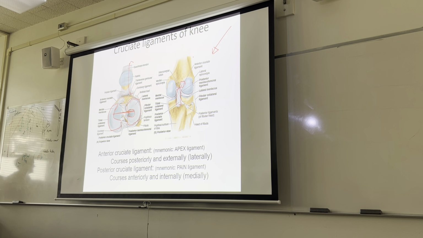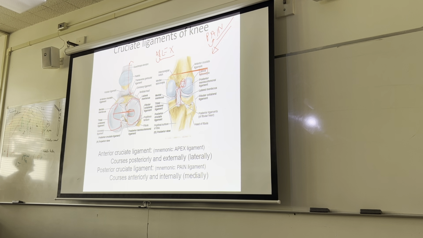Just to remind you again, the anterior cruciate ligament starts in the front, goes to the back, A to P, and as it goes to the back, it goes external, it goes lateral. So here you can see it lateral. And the posterior cruciate ligament goes from the back to the front, P to A, and as it's doing that, it goes internal.